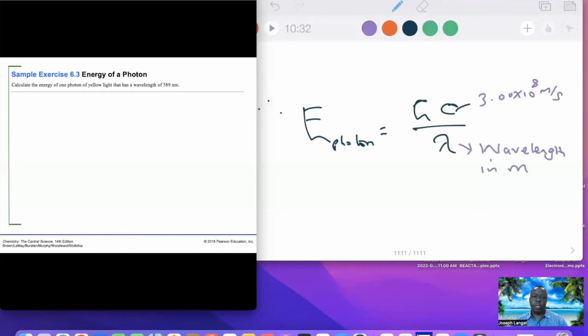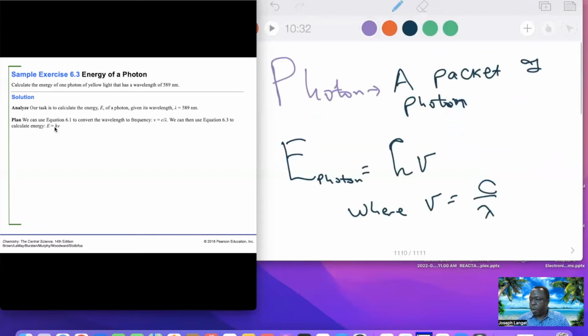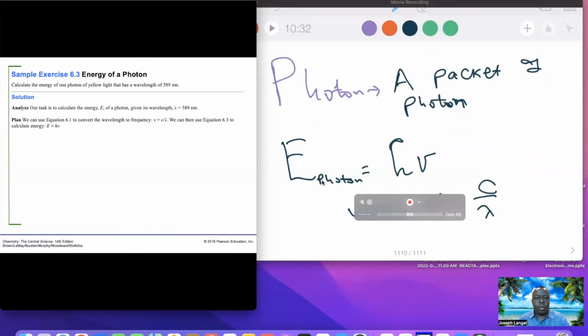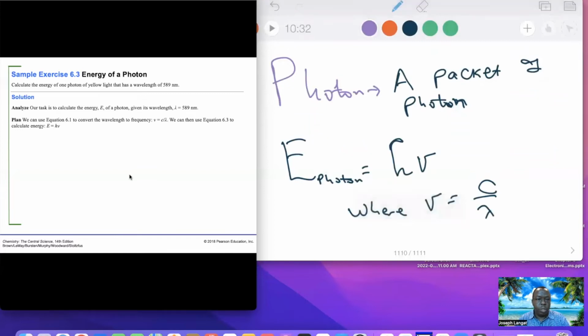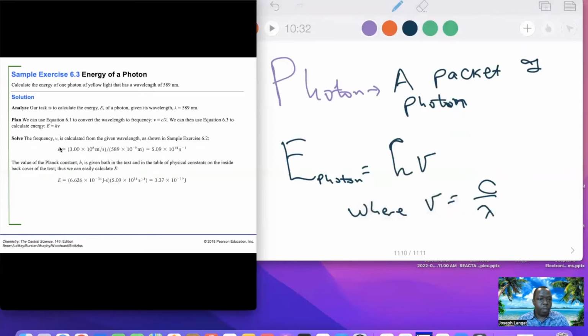You need to change that to meters. This is a worked example which I want to quickly show you for finding the energy. This is the equation which I'll give you in my formula sheet. Remember the subscript here, photon. This is the energy of one photon. If you plug in, frequency is c over the wavelength.